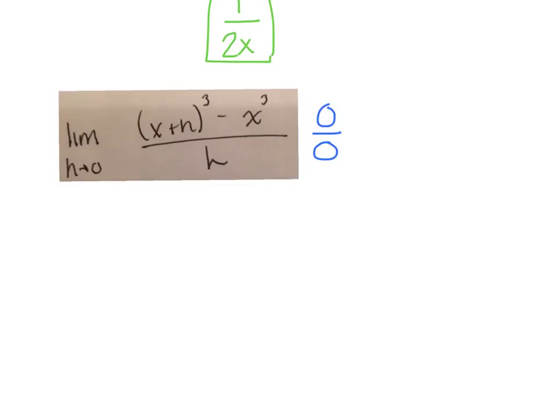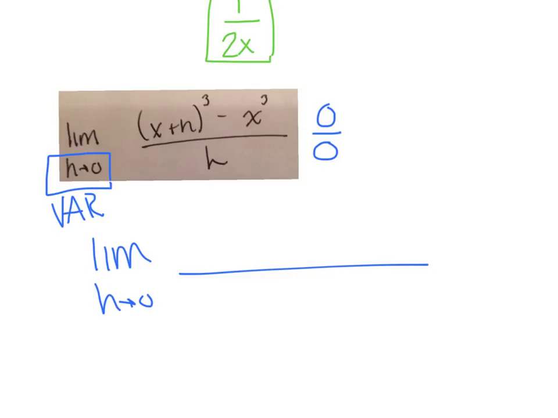So again, I see x's and h's, which means if I see those x's, I know I'm going to have an x in my answer. But I'm going to go back here and say the variable is h. Treat every other letter I see as a constant. So the limit as h approaches 0, I'm going to take the bottom first, that's just a 1. Okay, nice little chain rule, 3 times the quantity x plus h squared, now times the derivative of the inside.